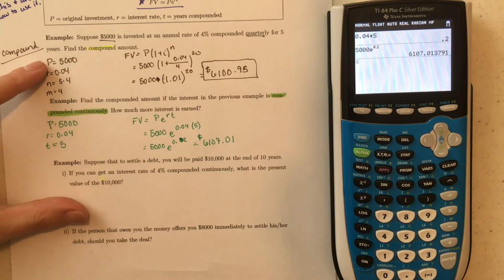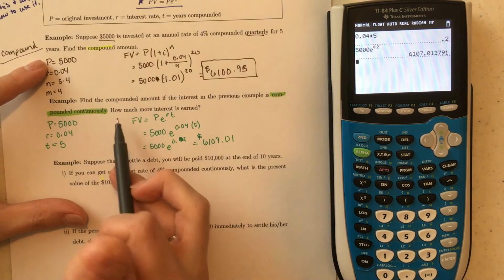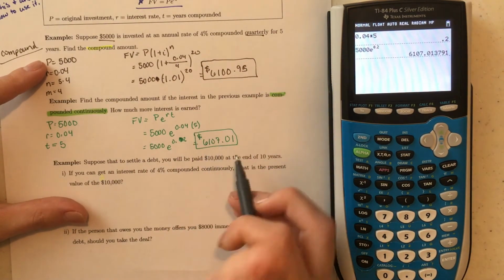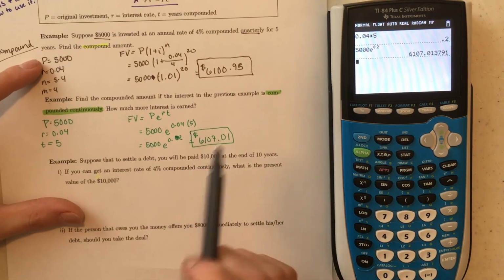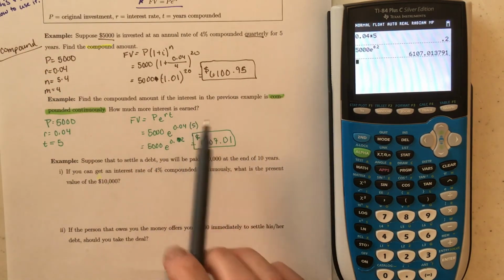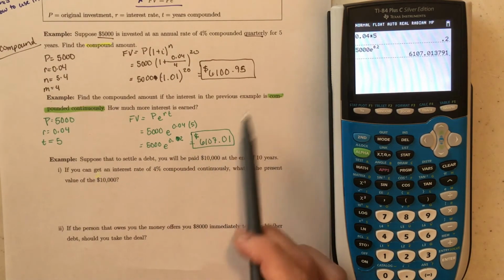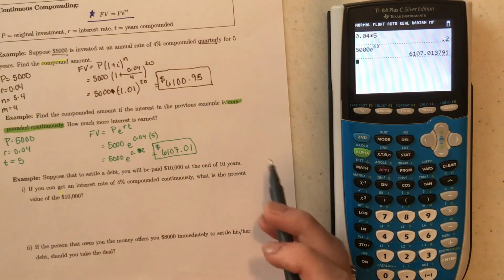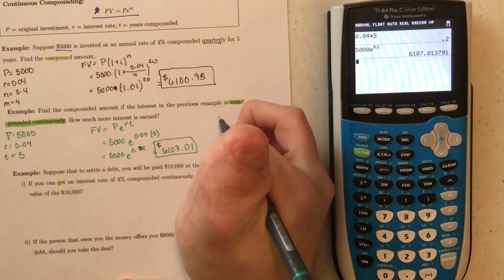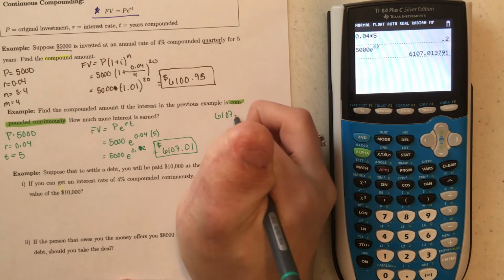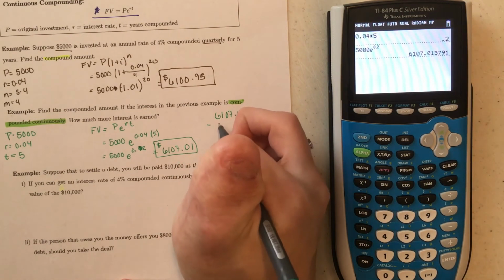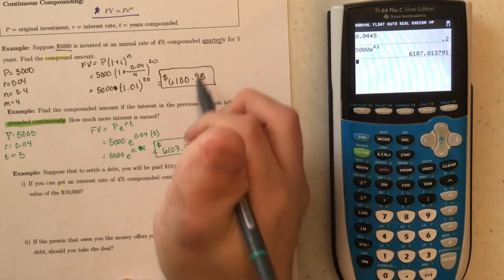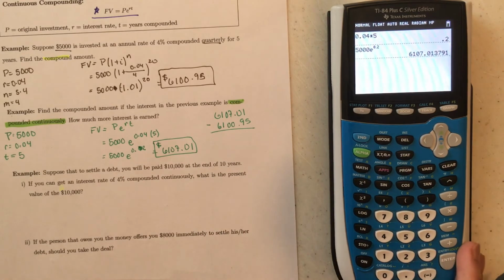All right, the last part says how much more interest is earned. So this is the amount that is earned when it's been compounded continuously. Now we want to figure out how much more interest is earned when it's compounded continuously versus just regular compound. So we want to find the difference of 6107.01 and 6100.95, which is the amount where it was compounded regularly.